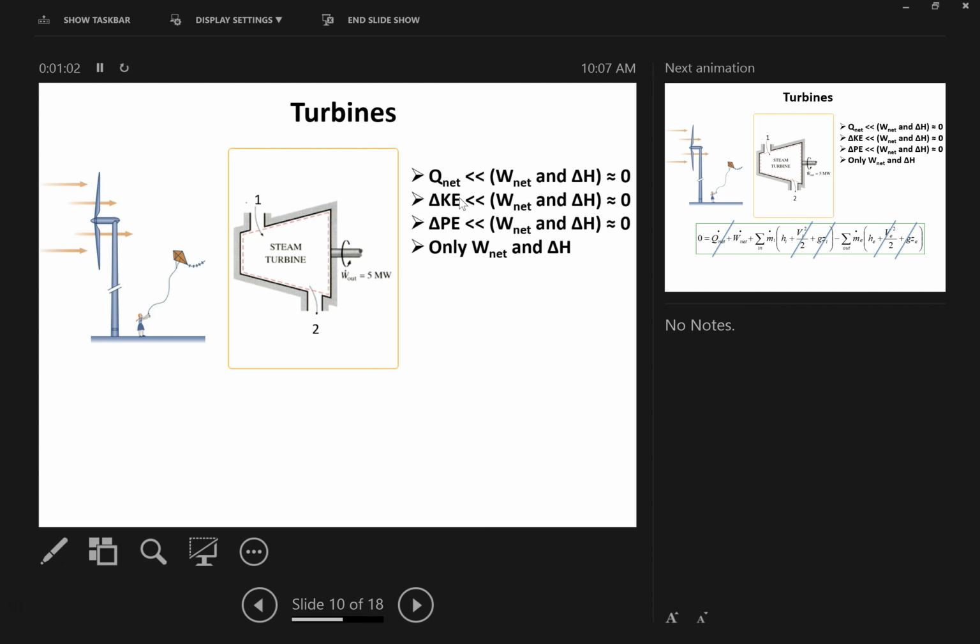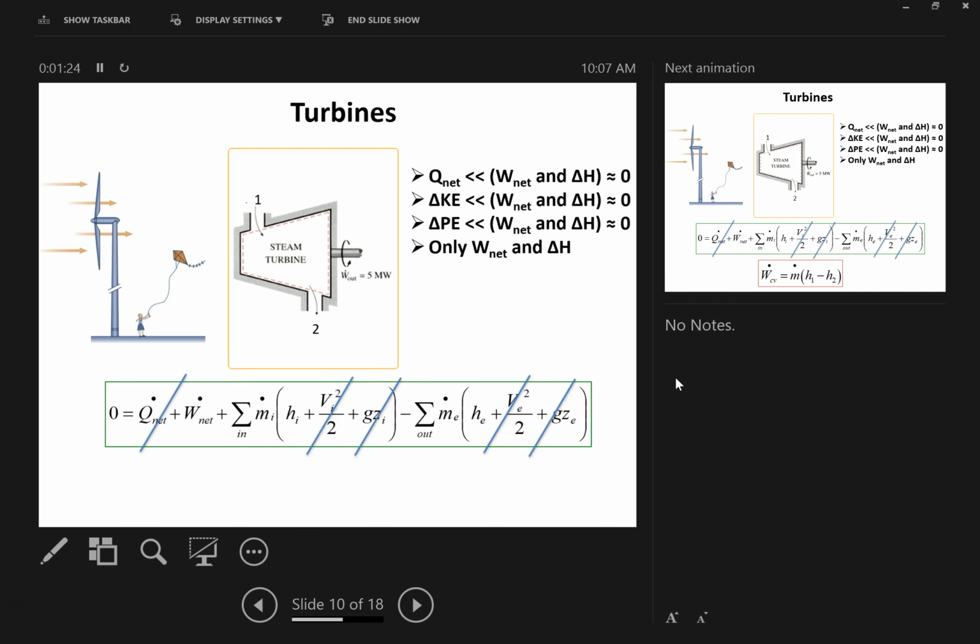You're going to have high pressures typically with these, and that's why your delta H is so big. The kinetic changes and potential changes of this system for the fluid are small compared to the other ones, and so we only have those two.